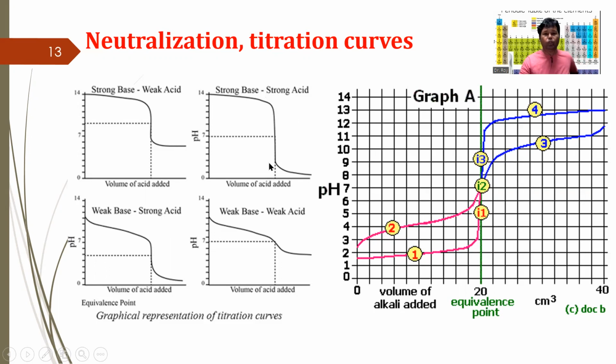Here you can see a rapid drop, but here no rapid drop, here also not rapid drop, but moderate. You can consider this is moderate, this is moderate, and this is no decrease. Actually, it is very difficult to distinguish where the end point is.